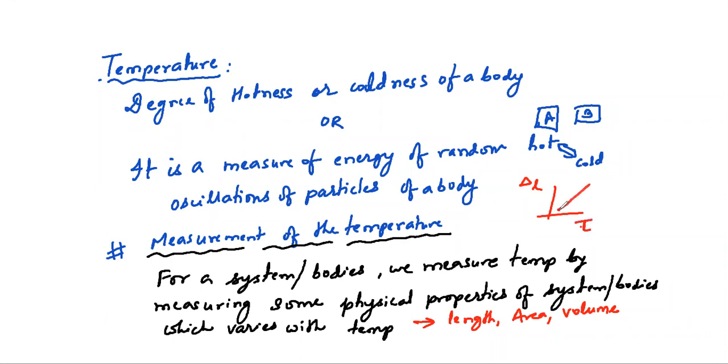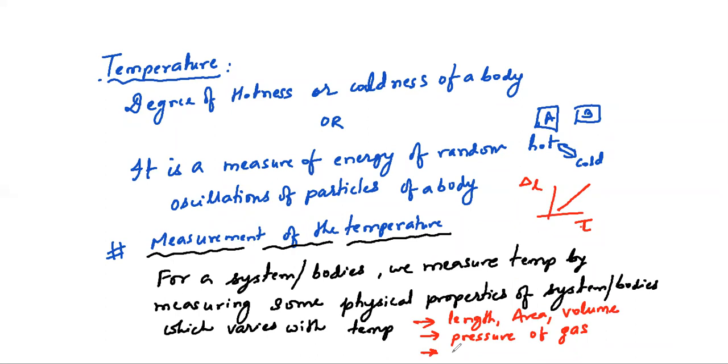So we'll get a linear graph, and according to this, we can make a thermometer. Or, if we are using a gas, then the pressure of the gas. There may be a gas whose pressure varies directly with the temperature, so we may use that gas to make a thermometer.